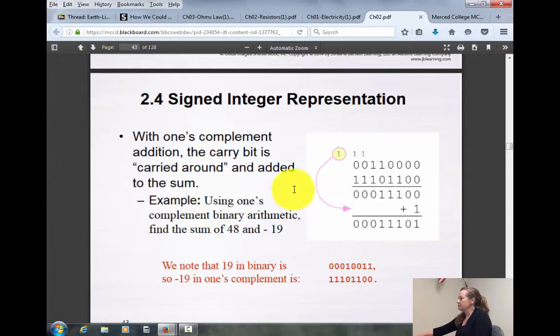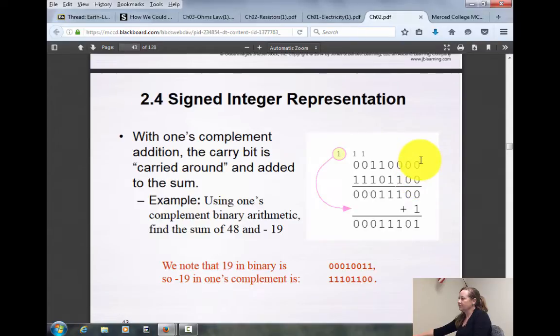So here's how we represent positive 48. Okay. So that's 32 plus 16, right? And then here's negative 19. And how did they find negative 19? They wrote down positive 19, and then they switched all the 1s to 0s and all the 0s to 1s. And then you add them up.